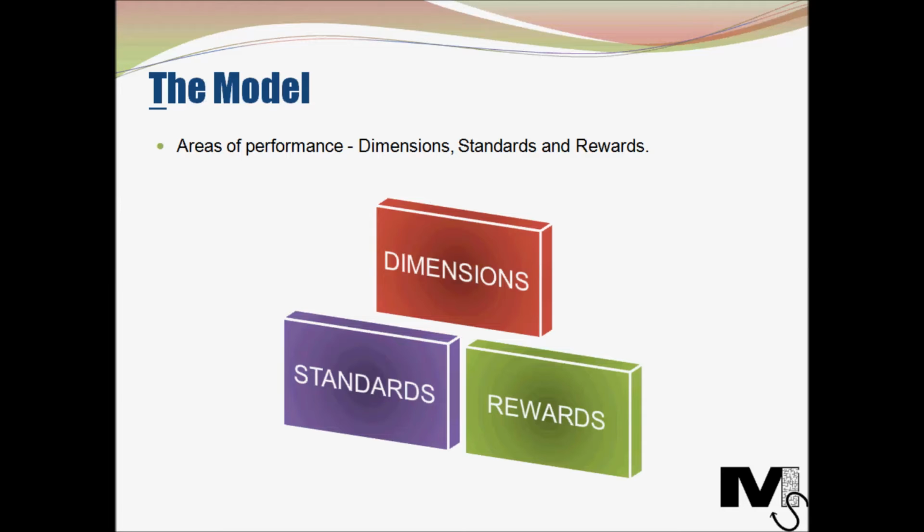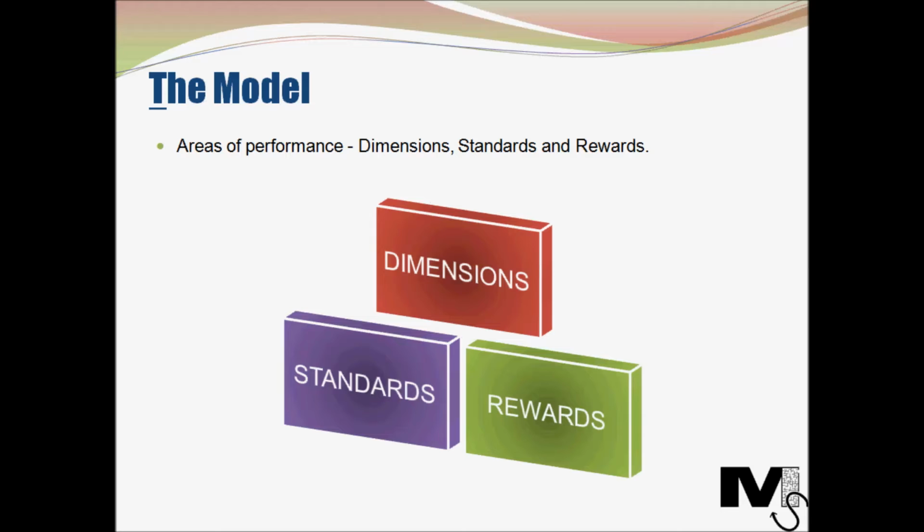Now, companies always have goals set for businesses to achieve, and dimensions are the areas that need to be monitored and controlled for the goals to be achieved. As the word implies, standards are benchmarks. These are targets for the performance metrics used.